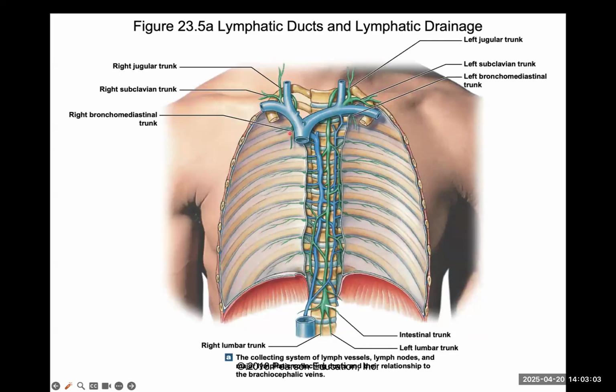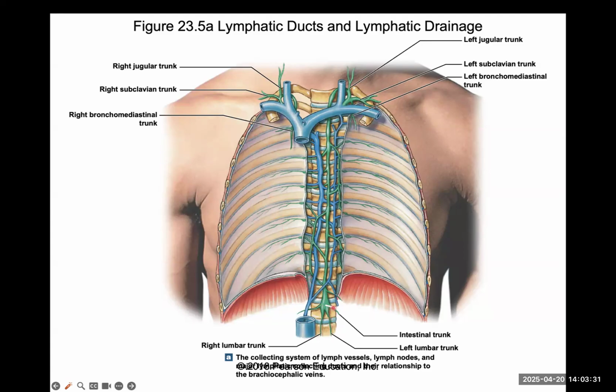Here's another image, and this is basically eliminating all the other things to help you focus. So you have the right lymphatic duct right here, and then you also have your cisterna chyli.